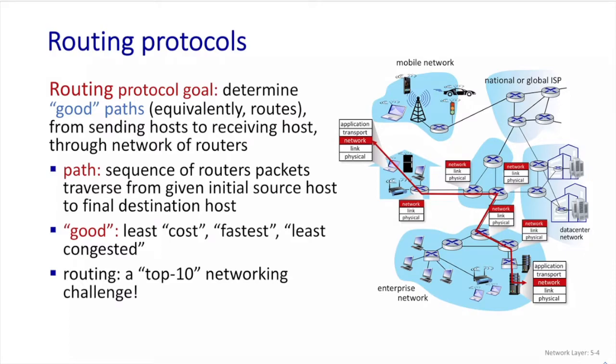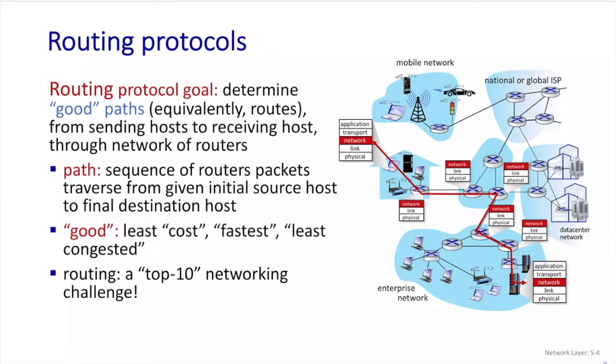Or it can be defined by hops. For example, it takes 15 hops from your source to your destination, but the other route only needs, for example, 10 hops. So maybe we consider that 10 hops is more efficient, or least cost.